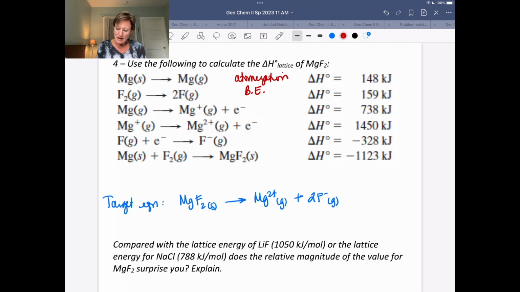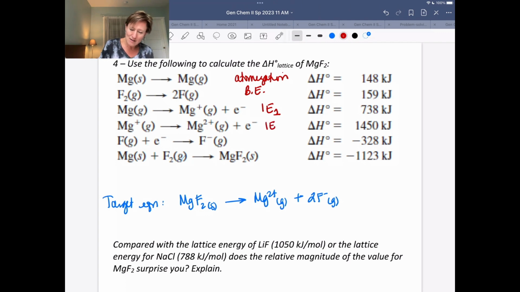So I'm just going to abbreviate that, bond energy. As I'm looking for these equations, I'm looking for pieces that I know appear in my target equation. I haven't seen things yet that appear in my target one. Magnesium gas plus magnesium cation plus an electron. This is actually ionization energy 1. This is the energy that it takes to remove that first electron.